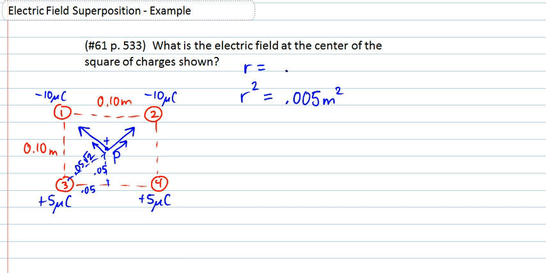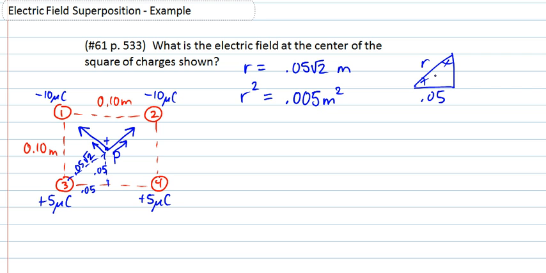So r is 0.05 root 2, and that comes from the geometry of the situation. So there's r and 0.05 on a side, and it's a 45, 45, 90. Okay, so that's one thing that makes this a little bit easier.